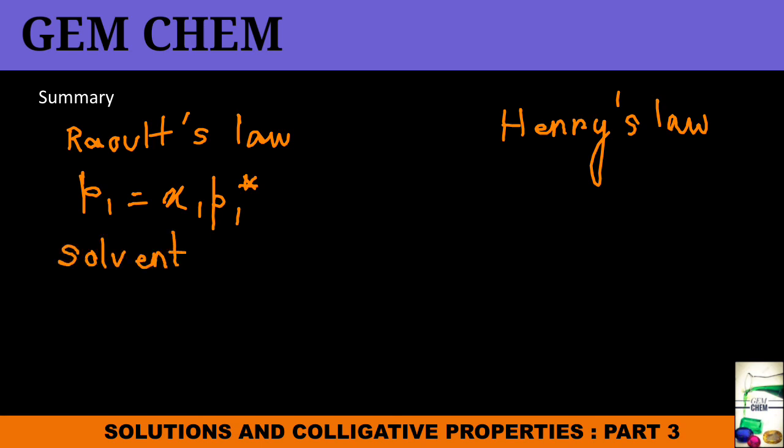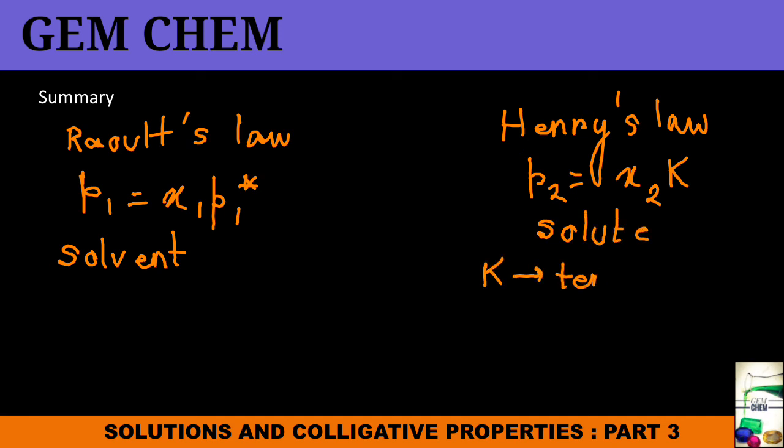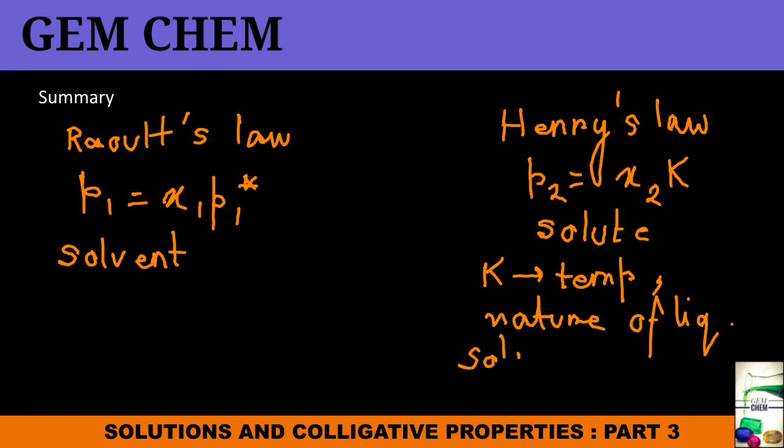Whereas Henry's law is applicable to solute. P2 equals x2 k and applicable to solute, right? Here k depends on temperature, nature of liquid solvent and gas.